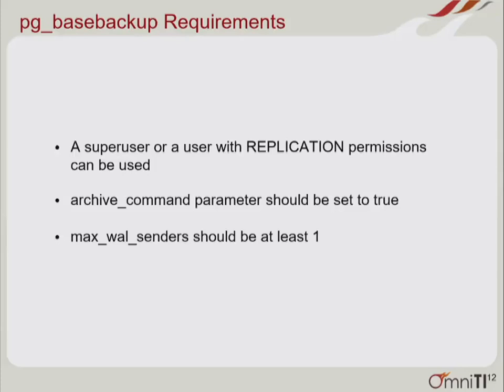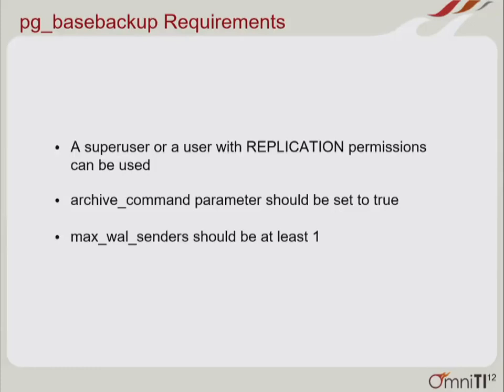max_wal_senders is another parameter in the postgresql.conf file, which should at least be set to 1 if you plan to use pg_basebackup. What it basically means is that it tells Postgres that you can send your WAL logs to these many locations. By default, it's 0. Basically, you cannot send it anywhere. You at least want it to be 2. That's my recommendation, although officially it's 1.